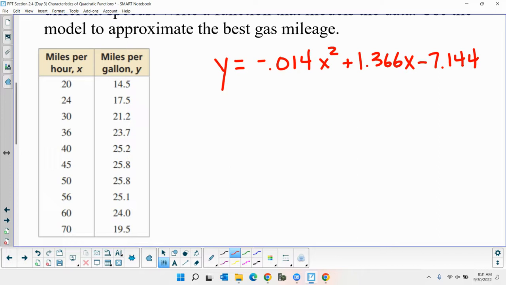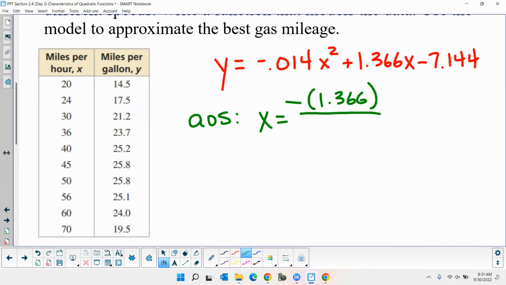Standard, right? So to find the vertex, when it's in standard form, I've got to find the axis of symmetry first, right? So the axis of symmetry is x equals negative b over 2a.